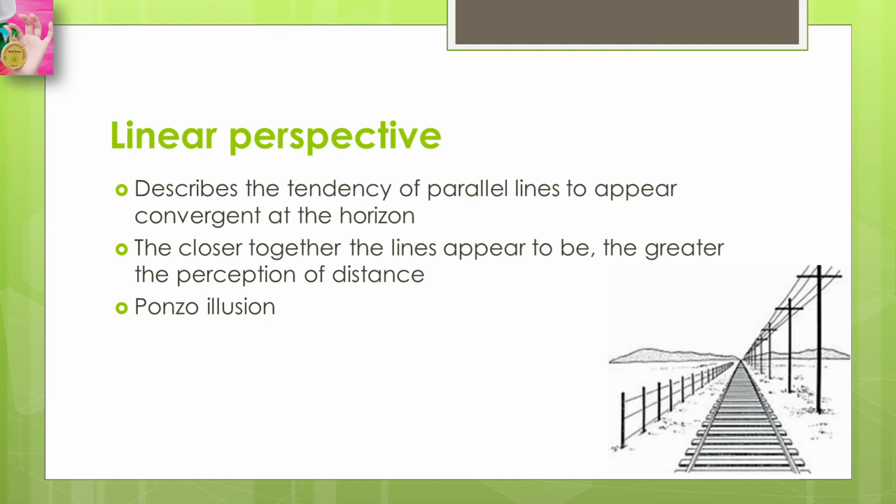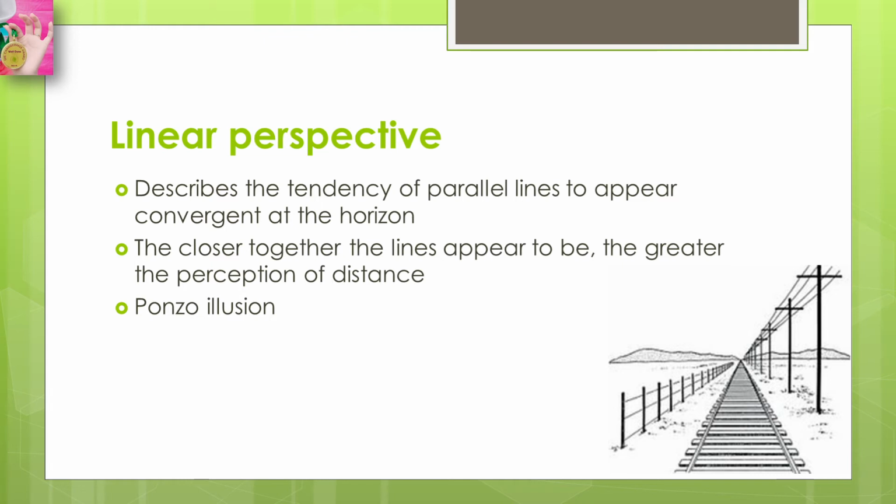Now, according to the linear perspective of monocular cue, parallel lines seem to meet in the distance. For example, if you stand in the middle of a railroad track and look down the rail, you will notice that the parallel rails seem to meet in the distance. Now, the closer together the lines appear to be, the greater the perception of distance.